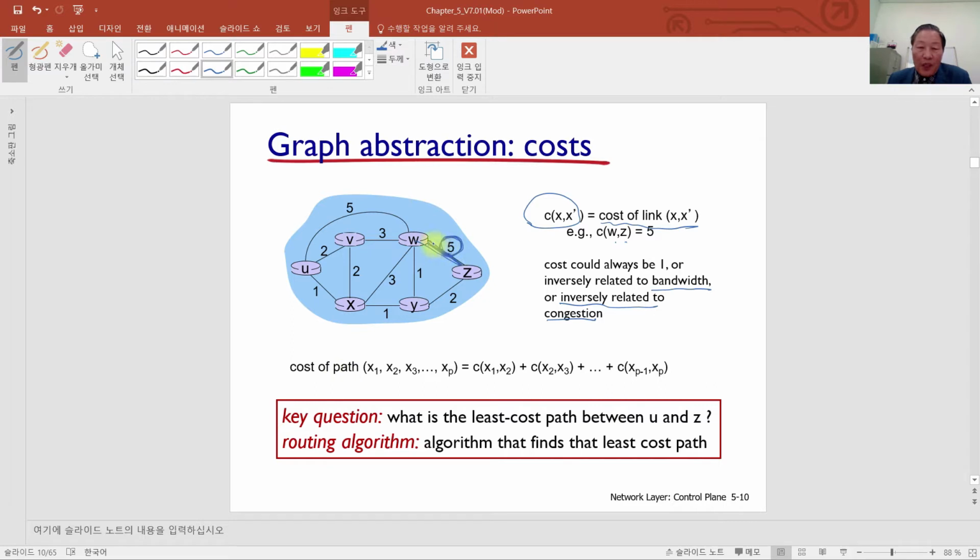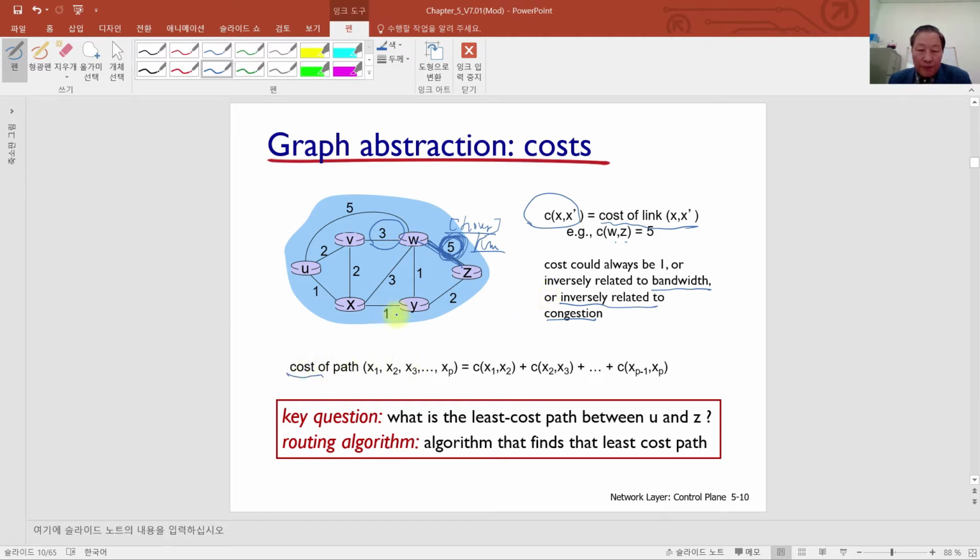Thus, in real travel, this may be some distance like kilometers, or if we are using time, how long it takes from here to here, then the unit may be hours. Thus, depending upon our metric, that may change. So without any unit, this can be used here, just the weight simply.